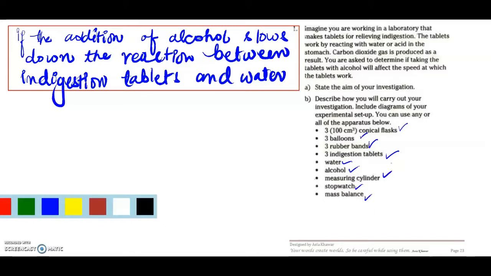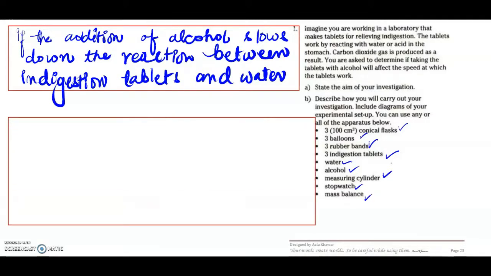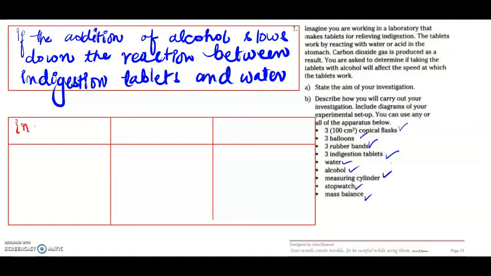So before starting this investigation, you need to think about 3 variables which you always consider for planning of practical. And what are these variables? One is called the independent variable.